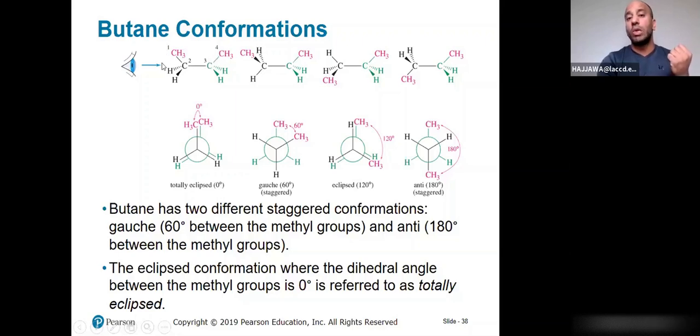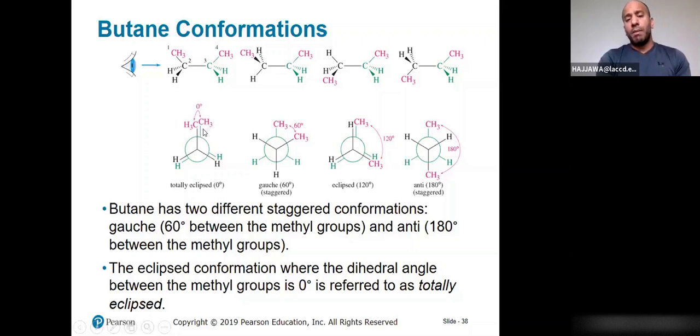When you have the biggest 2 groups in an eclipsed conformation right behind each other with a 0-degree dihedral angle, that will be the total eclipsed conformation. That's the least stable, most energetic conformation due to the steric interaction between the 2 biggest groups of those 2 carbons, C2 and C3.